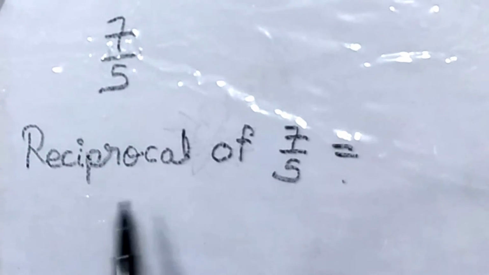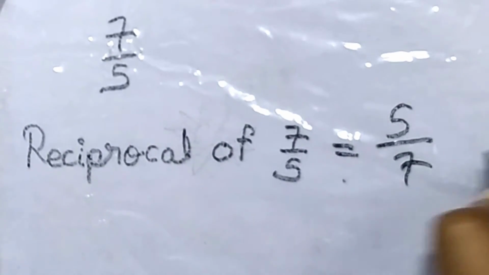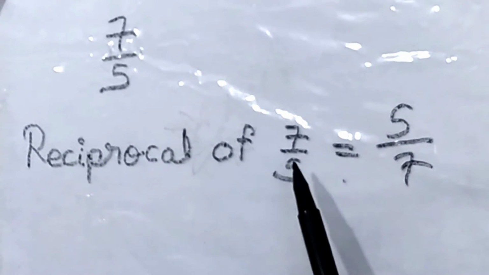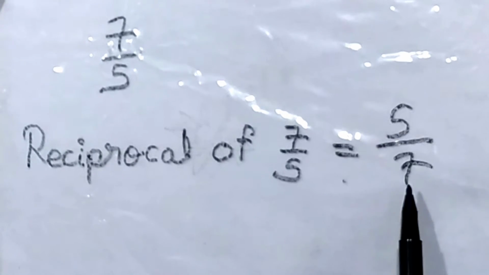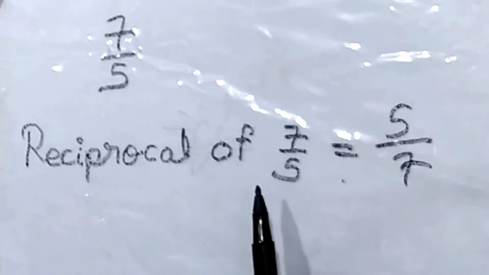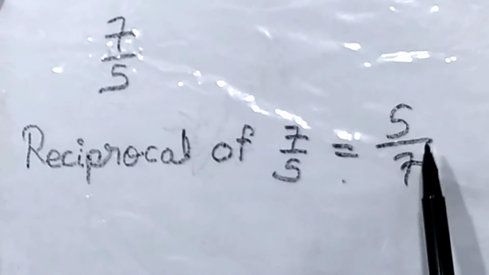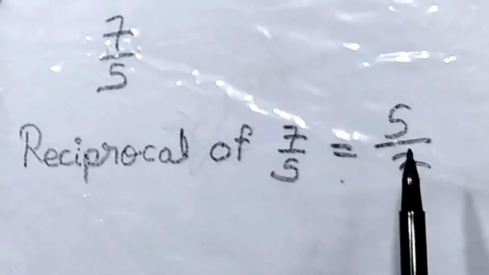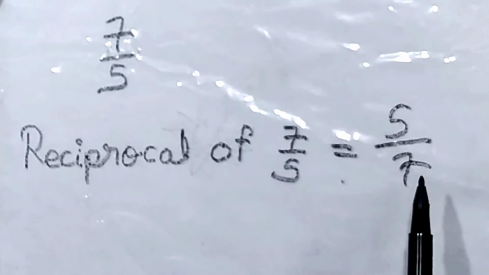So the reciprocal of 7 upon 5 is 5 upon 7. We are writing the opposite. This is called the reciprocal or multiplicative inverse of a number.